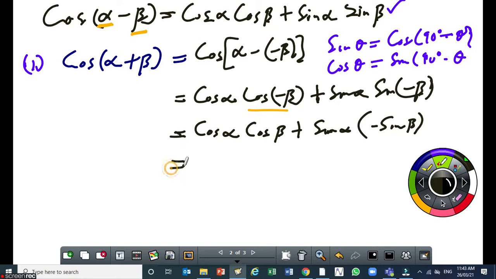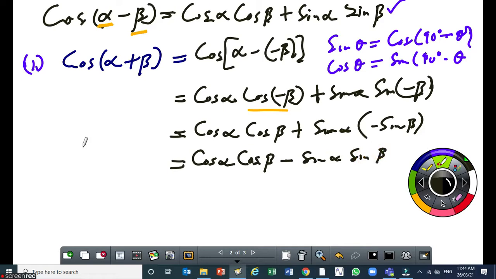Then this is going to be equal to cos alpha times cos beta. This minus times this plus will give you a minus. So you end up with minus sine alpha sine beta.